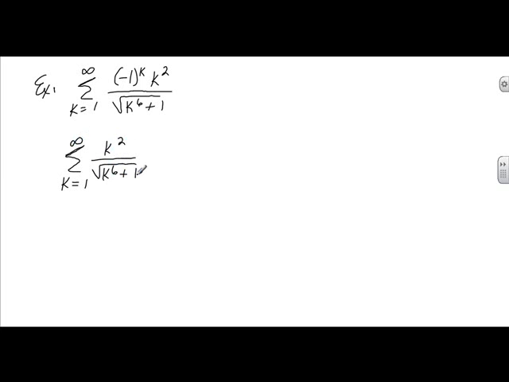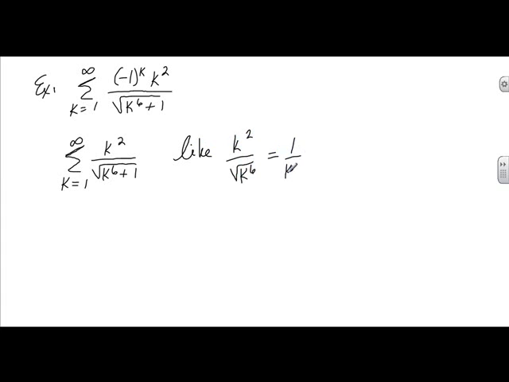Now, if I'm thinking about what's happening as k gets pretty big, then this expression is going to be getting more and more like k squared over the square root of k to the 6th. In other words, that plus 1 in that denominator really doesn't make a whole lot of difference when k is getting big. That's similar to k squared over square root of k to the sixth, which is 1 over k.